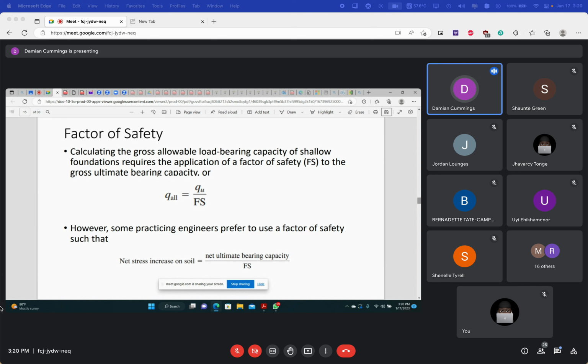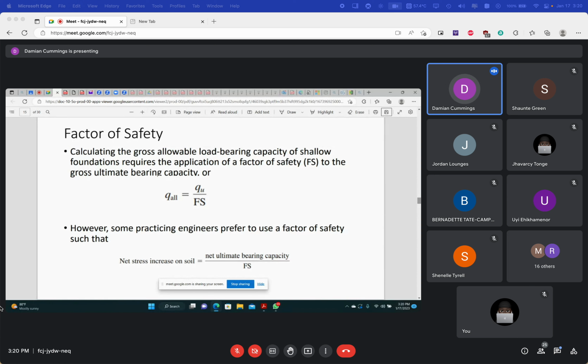So we'll normally have a factor of safety between 2 and 3, but it can be between 1.5 and 3. Some foundations go up to 4, based on the type of situation and uncertainties that we are working with.